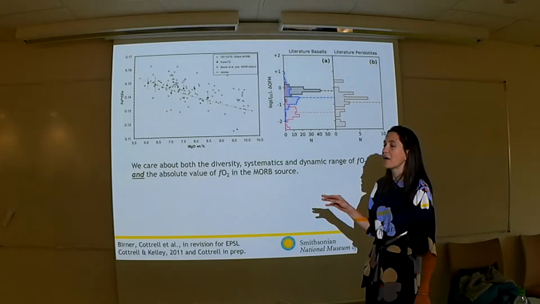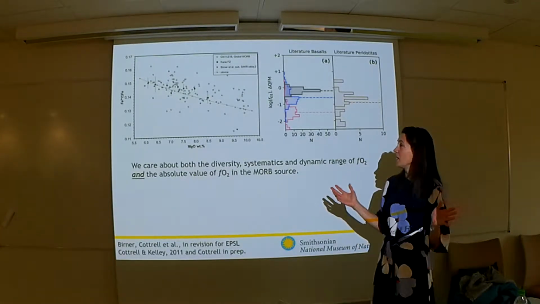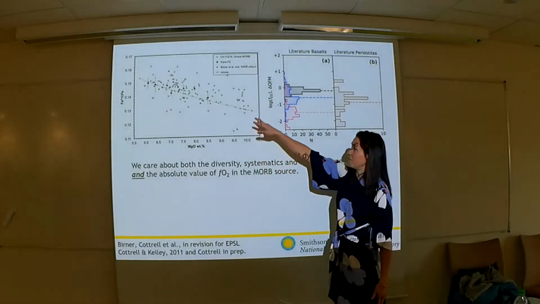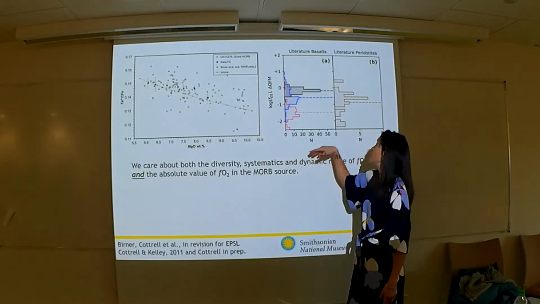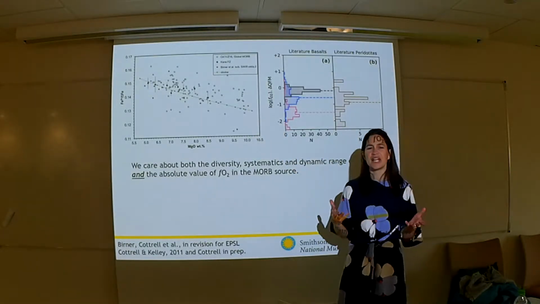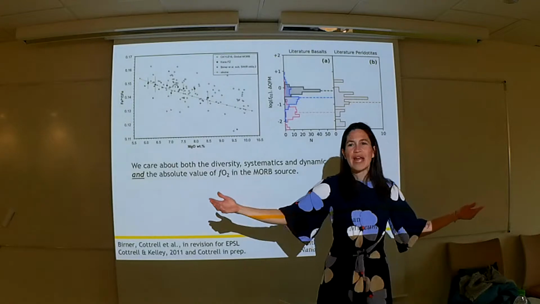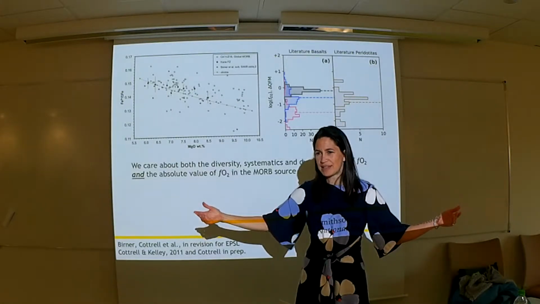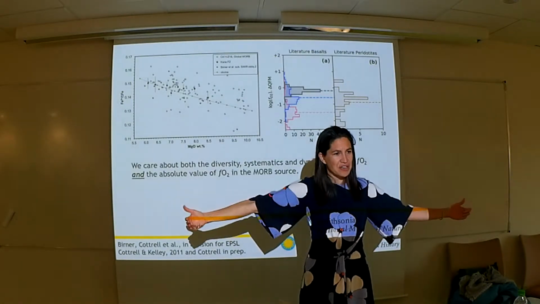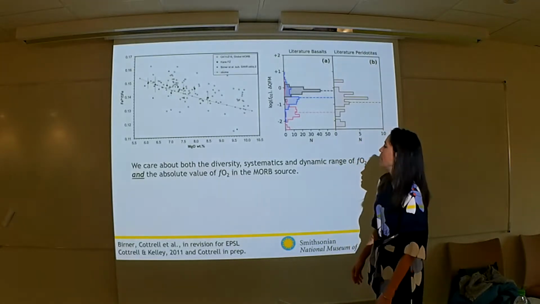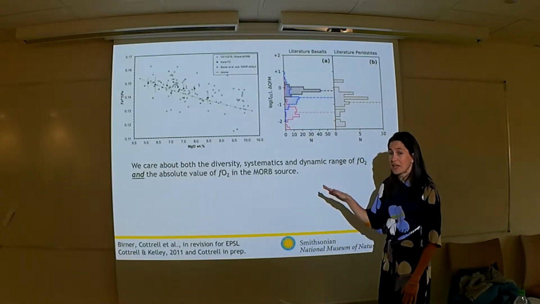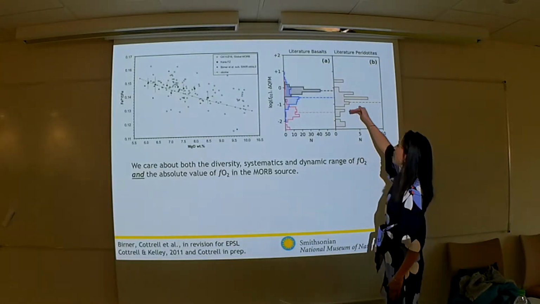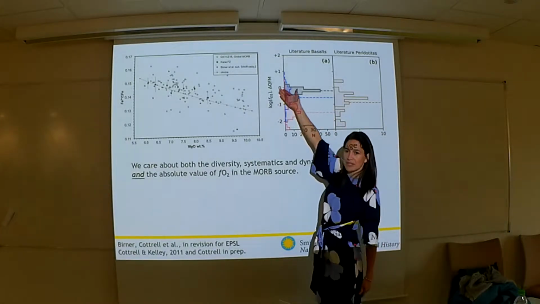We care both about the diversity of mid-ocean ridge basalts and the diversity of peridotites, because we want to understand the possible range of oxygen fugacity in the ocean basins. Is it the same everywhere, or do we have regional variations? And what's the absolute value of oxygen fugacity? Is the mantle actually down at QFM -1, or is it at QFM?